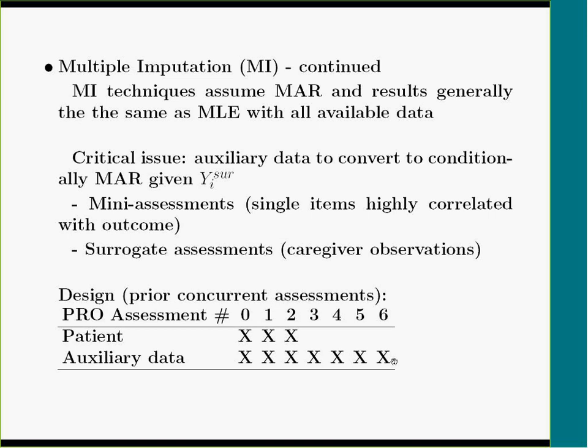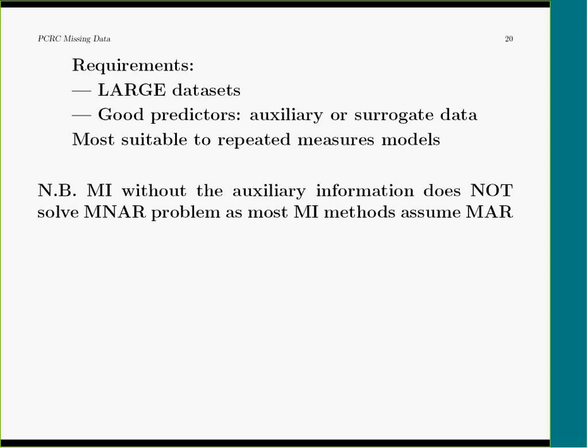So again, the message is if you don't have that surrogate assessment, you're not going to be able to really do anything that's better than the maximum likelihood estimation. It requires fairly large data sets. It's not going to work so very well on studies with 30 subjects, but it'll work fine with 100 or more. 200, 300 will be great. And they need some good predictors.